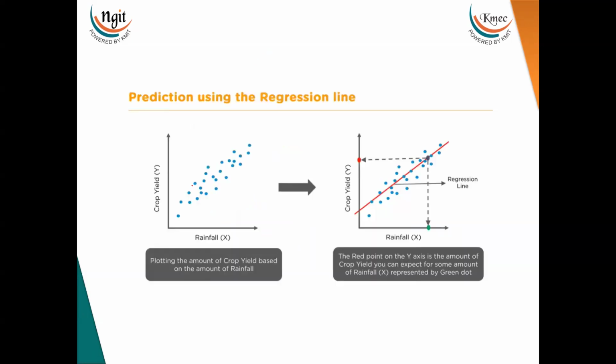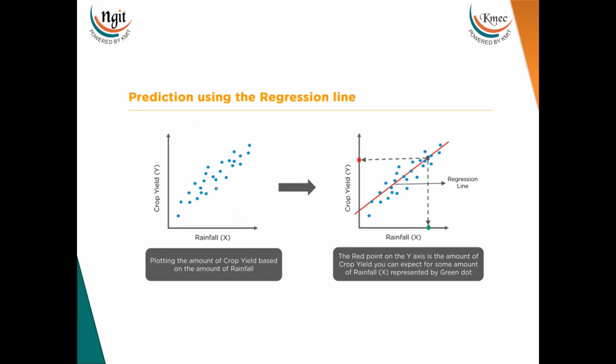Now, this is how we are going to have a regression, with rainfall and crop. The crop is dependent on rainfall, and rainfall is an independent variable. These are the data points, plotting the amount of crop yield based on the amount of rainfall in each year.